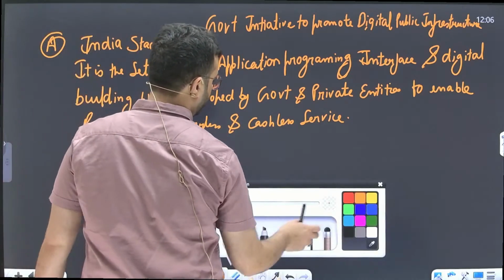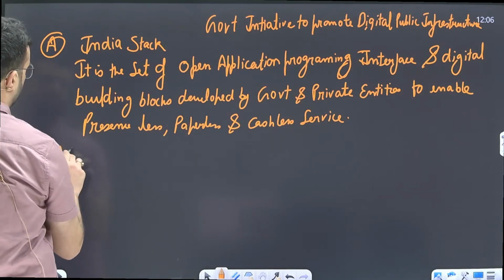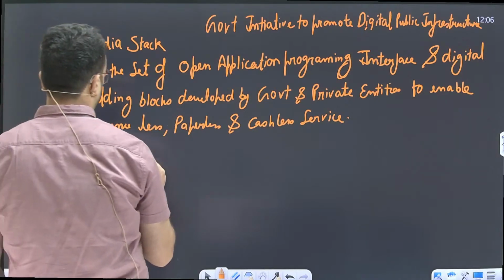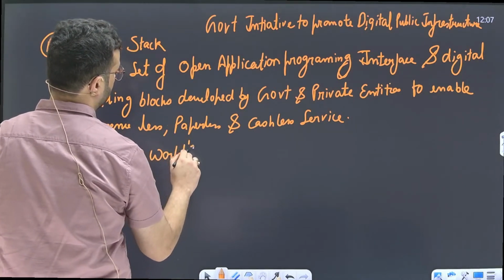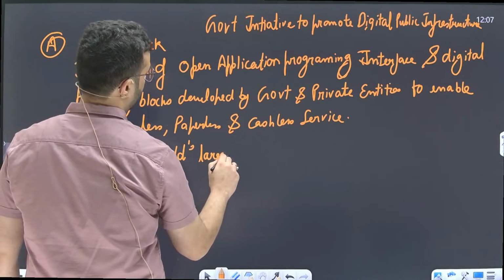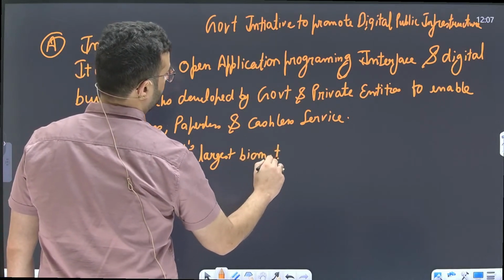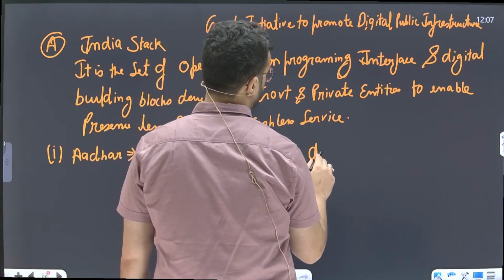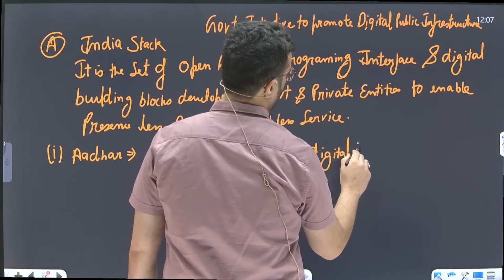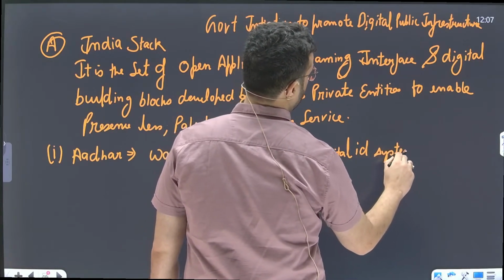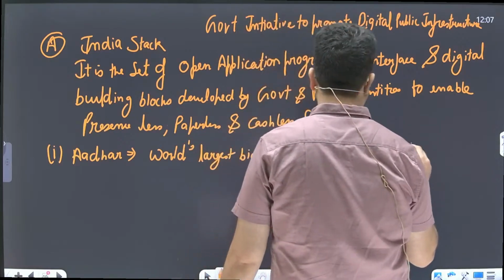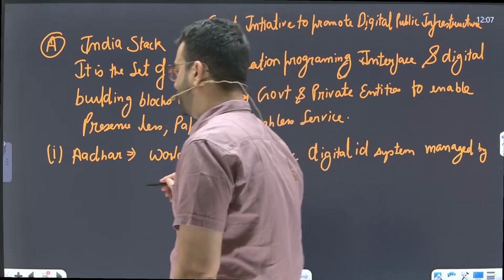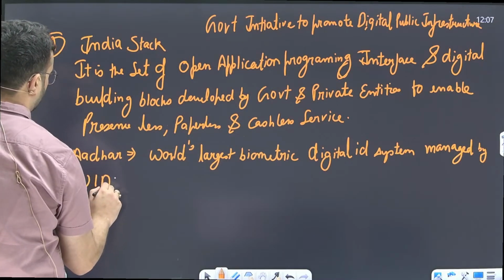So it includes the following. First is Aadhaar, the world's largest biometric digital ID system managed by UIDAI, that is Unique Identification Authority of India.